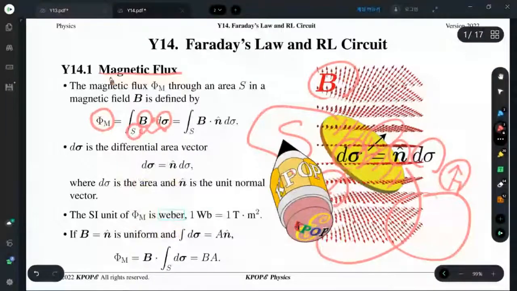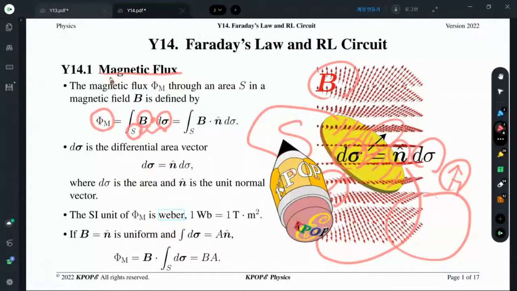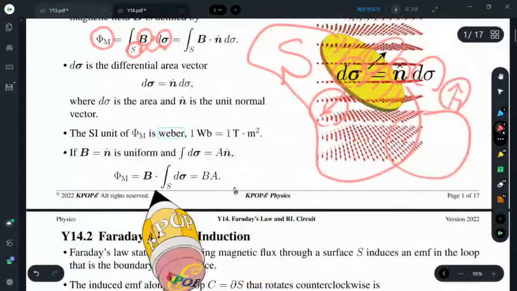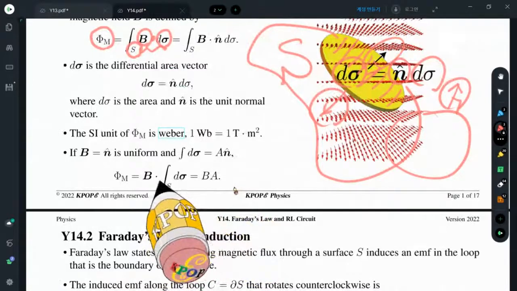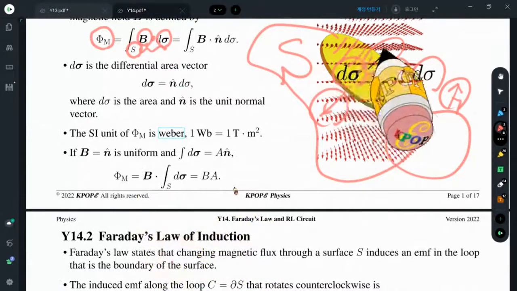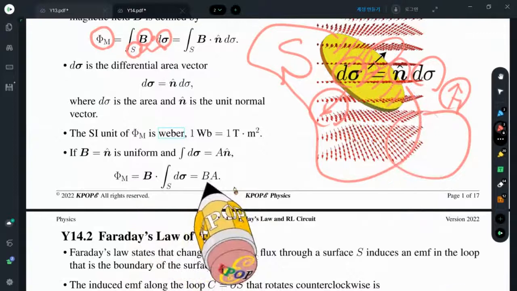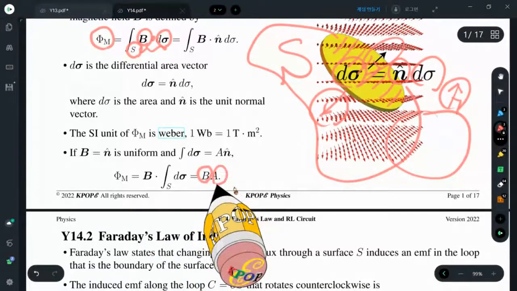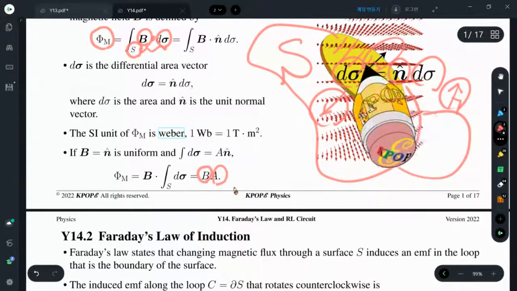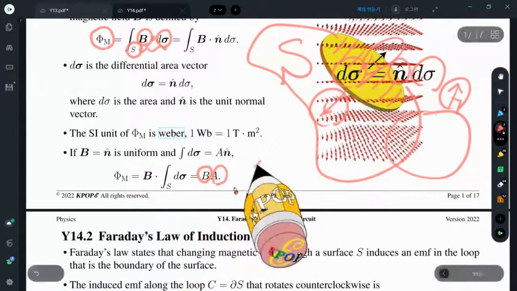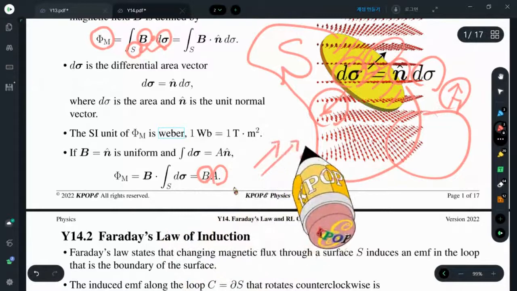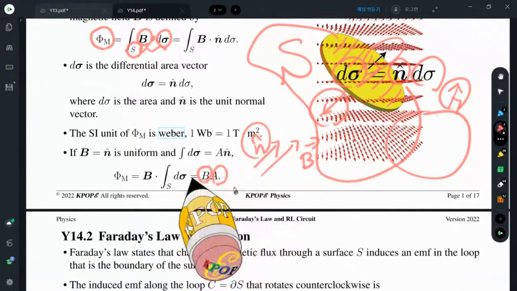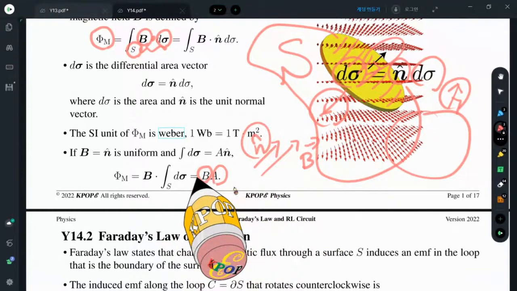When a constant magnetic field is passing through an area, then it is simply the strength of the magnetic field multiplied by the area. Be careful, if the normal vector is parallel to the magnetic field, in that case BA. If it's opposite, it should be minus BA.